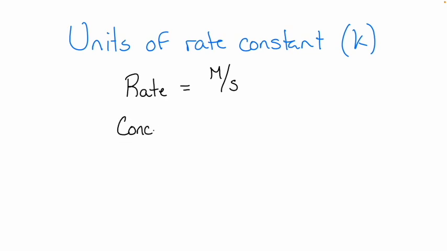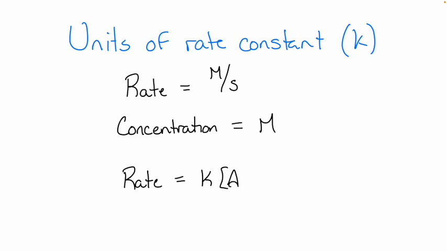Likewise, our concentrations are always what? Molar, big M. Okay, so what we're going to do is plug this into our rate law using these units as variables, right? So we have rate equals k times the concentration of A to the power of 1 for this particular reaction.